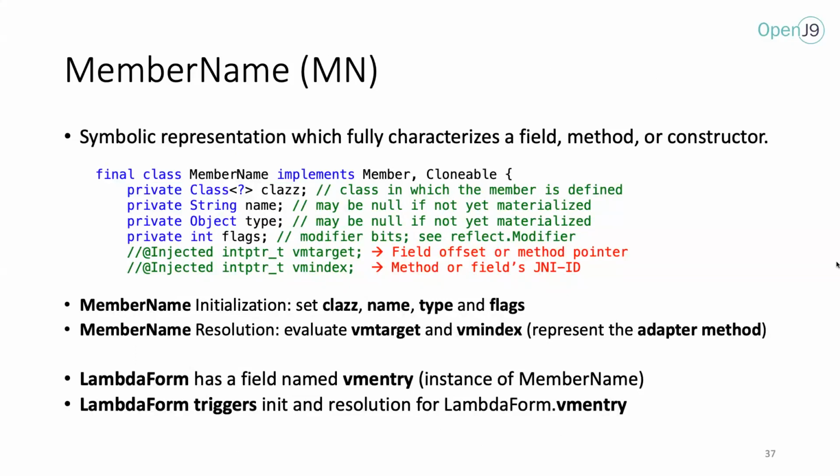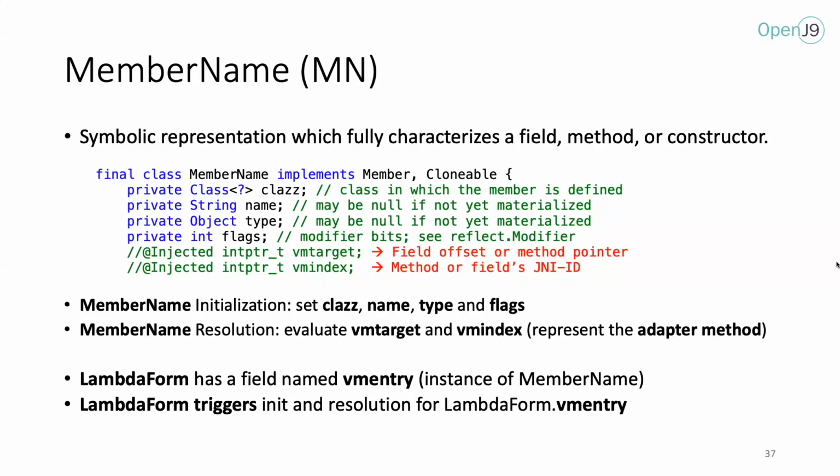The most important fields of the MemberName are shown on this slide. There are class, name, type, and flags, which are used while initializing a MemberName instance. And then there are these two fields at the end, which are injected by the JVM during runtime, vmtarget and vmindex. These fields would not be seen if you just compile MemberName with javac, since they are dynamically injected during runtime.